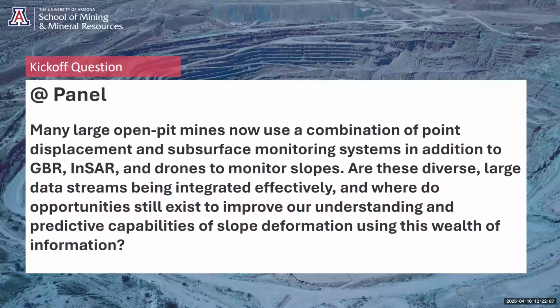We have mines which are becoming dormant, in care and maintenance mode. So what we are trying to do is phase out the rapid monitoring systems like prism and ground-based radar and see, because the risk is low, whether we can use drones to monitor those areas. So we are gradually comparing the movements that we are picking from the drones to the primary monitoring systems like radar and prisms.